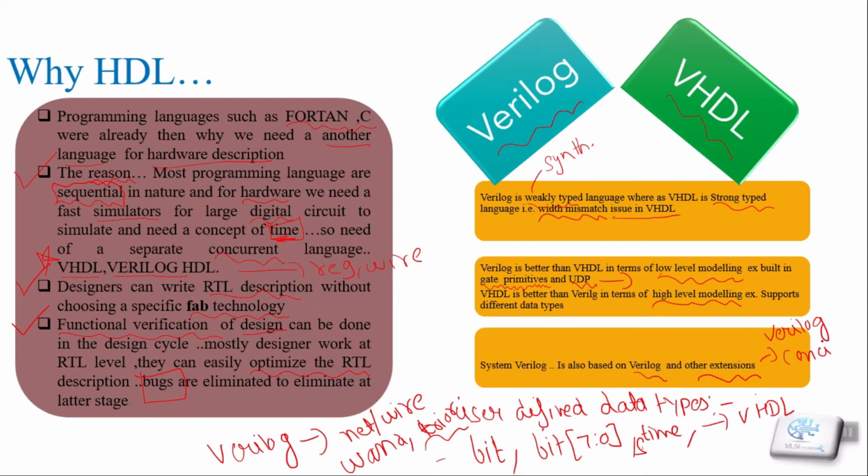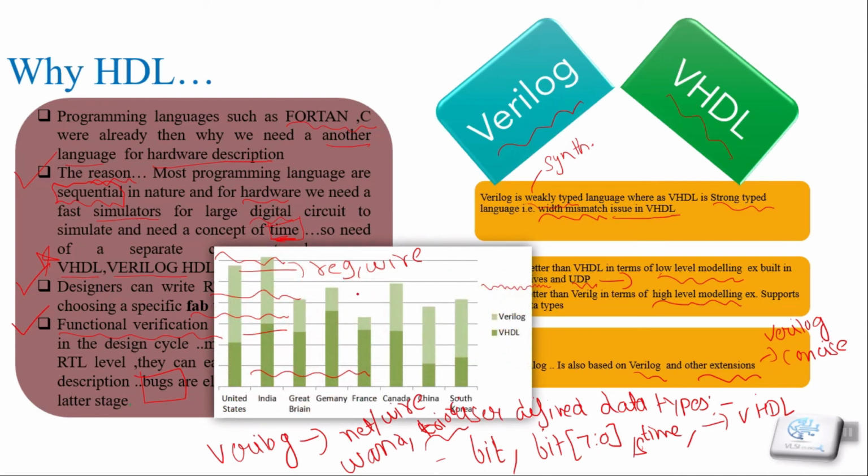But at the end, both Verilog and VHDL are equally used all over the world, and it also depends on the application that we are using. Here is a data chart showing the use of Verilog and VHDL in different countries.